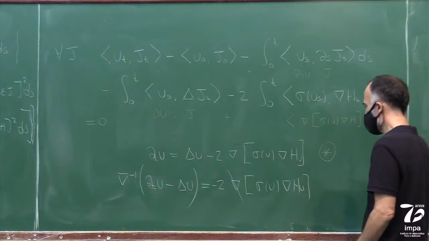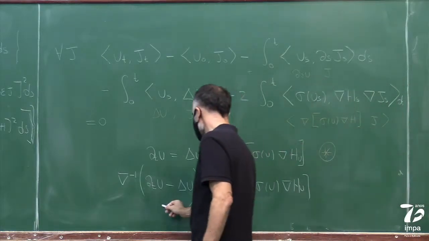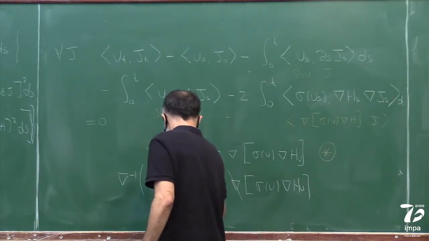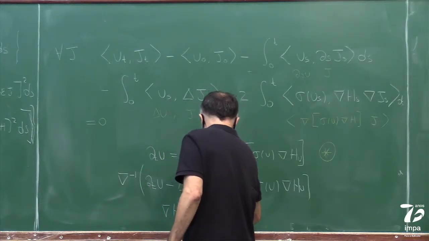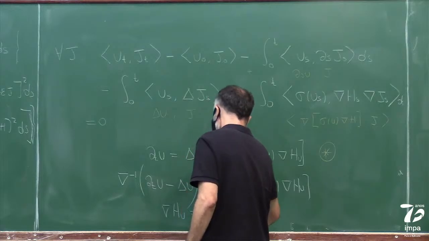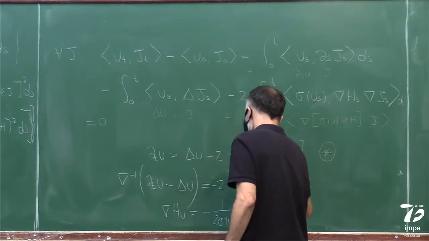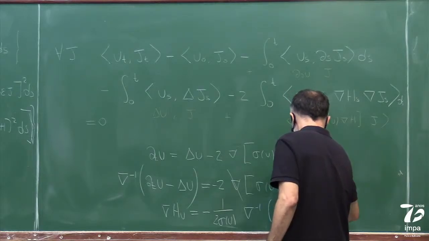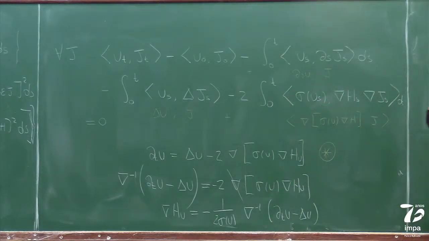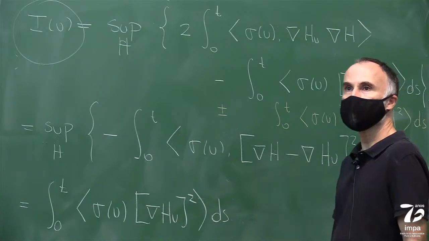And I get that gradient of hu is actually minus 1 over 2 sigma of u, gradient to the minus 1 of dtu minus Laplacian of u. So this is gradient of h of u, which I can replace here.